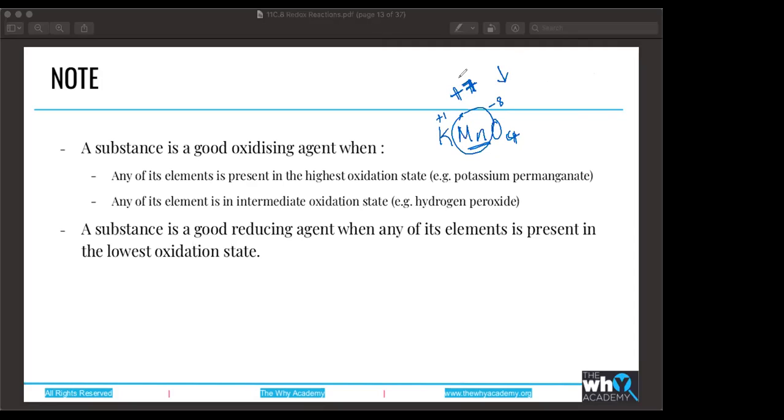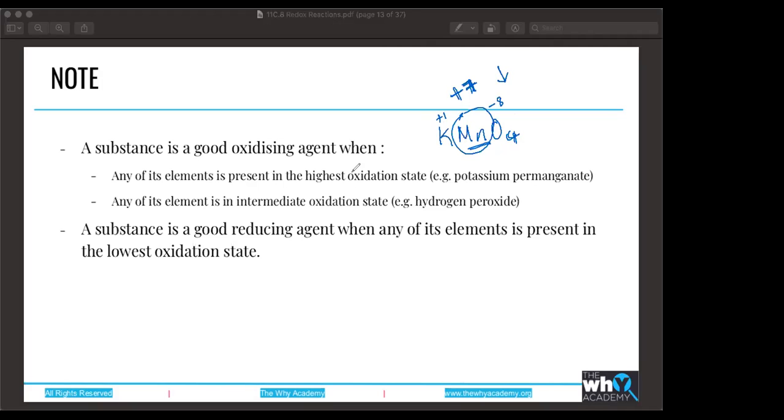The only change possible for manganese in potassium permanganate is reduction, which is why if it itself is undergoing reduction, it means that it can oxidize something else. That is why potassium permanganate is a universal oxidizing agent.